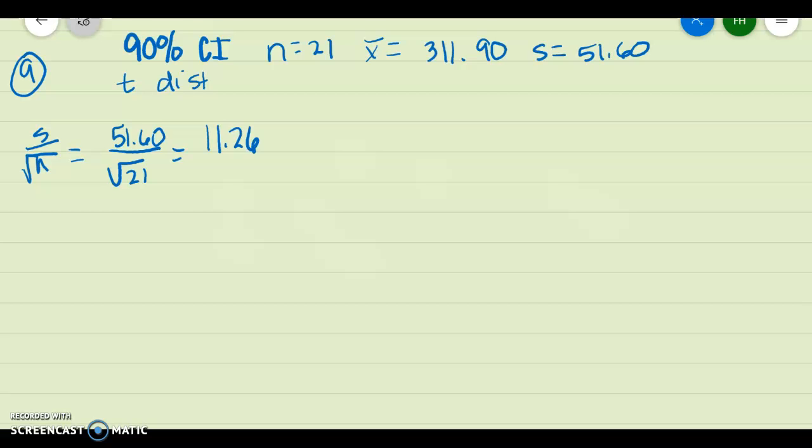This may be off just a little bit on this one, but if you had answer choices, you would pick the one that was the closest. Okay, so our degrees of freedom would be n minus 1, so 20.